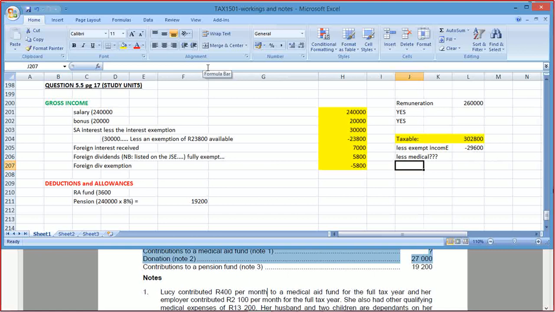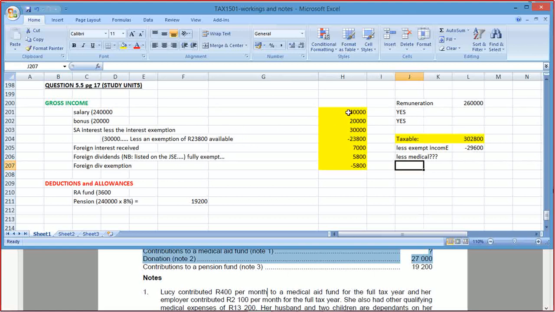She still has medical, so I need to work out the medical. And she had a donation. The donation would be limited to 10%. Yeah, we'll check it again just now. So we still need to minus her medical, and then her donation would be in her taxable income calculation.